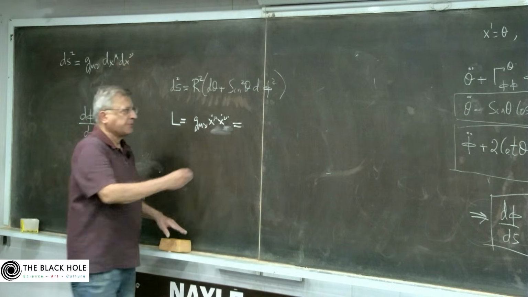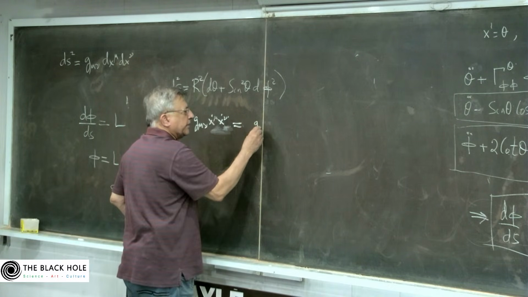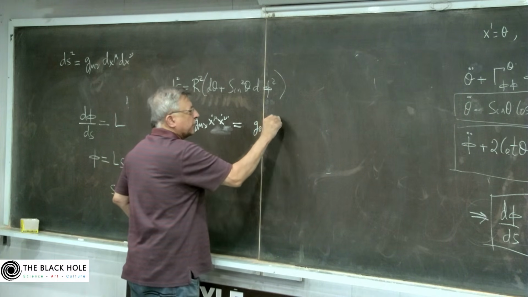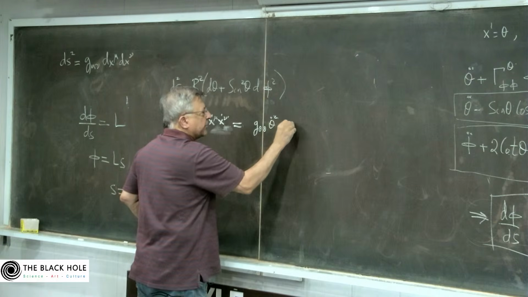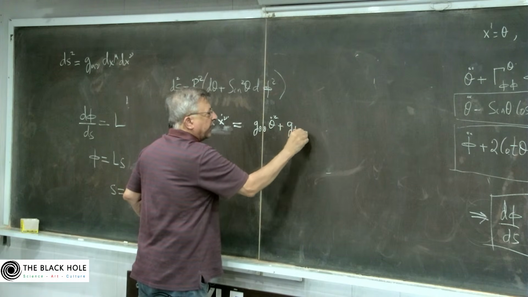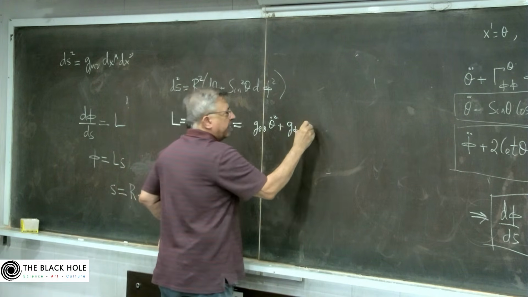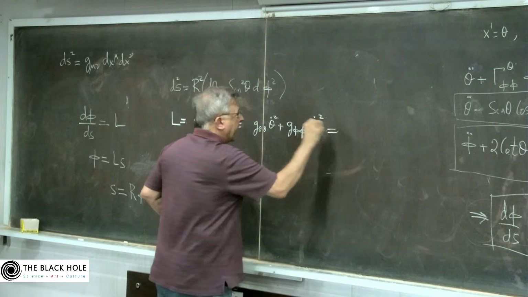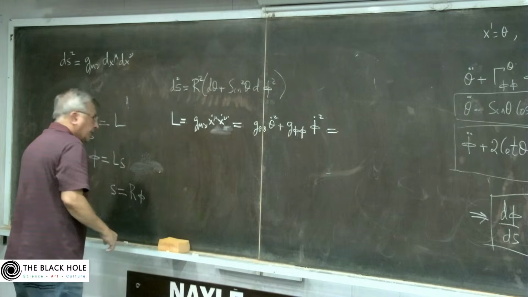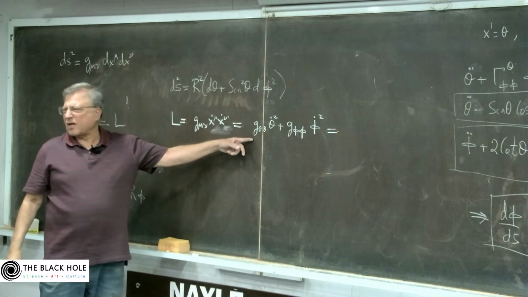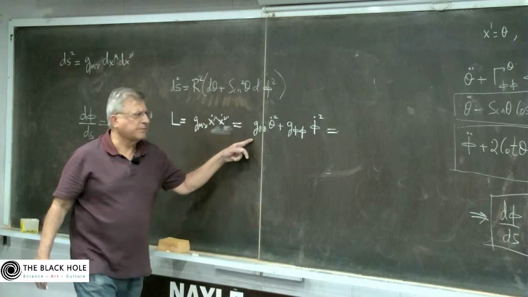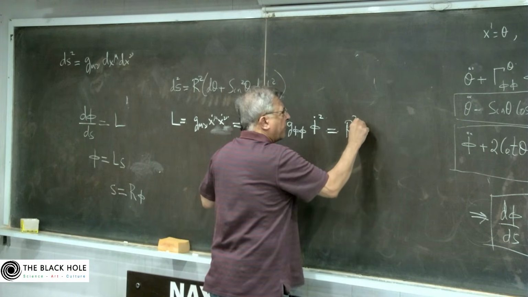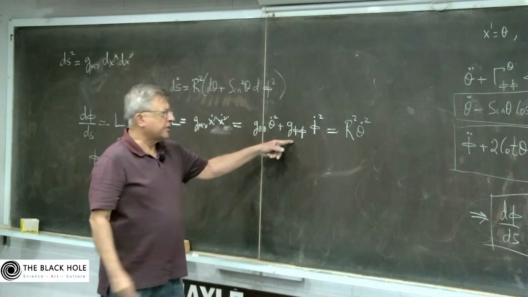So it is g theta theta dot squared plus g phi phi dot squared. And what is that equal to? G theta was r squared. So r squared theta dot squared. And what was this equal to?